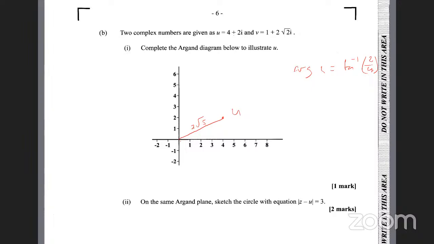Right, I got 0.46. First quadrant, right? By the way, 2 root 5 is how much? 2 root 5 is about.